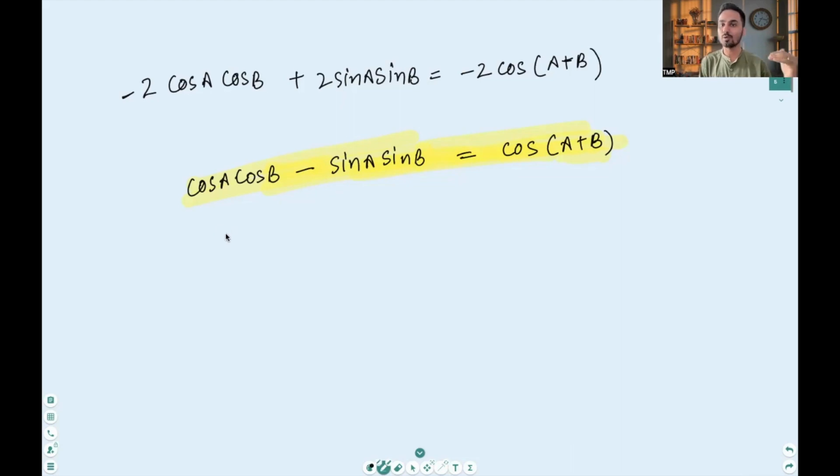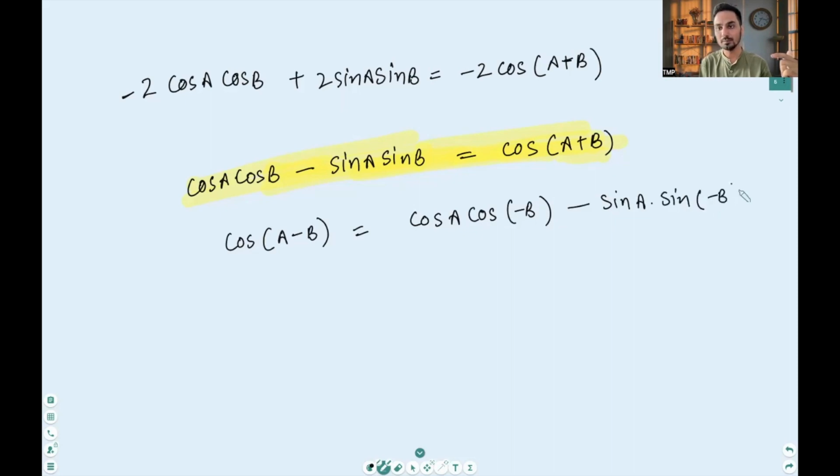To get the formula of cos (A minus B), we can simply replace B with minus B in the above formula that we obtained. So replacing B with minus B, the above formula will change to cos A times cos of minus B minus sine A times sine of minus B. We know that cos of minus theta is cos theta.